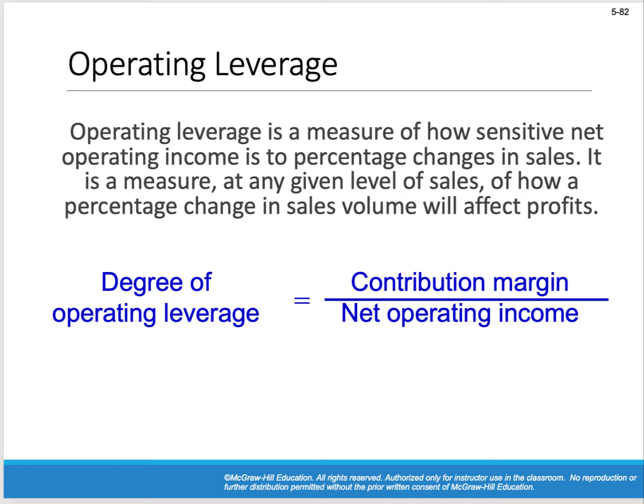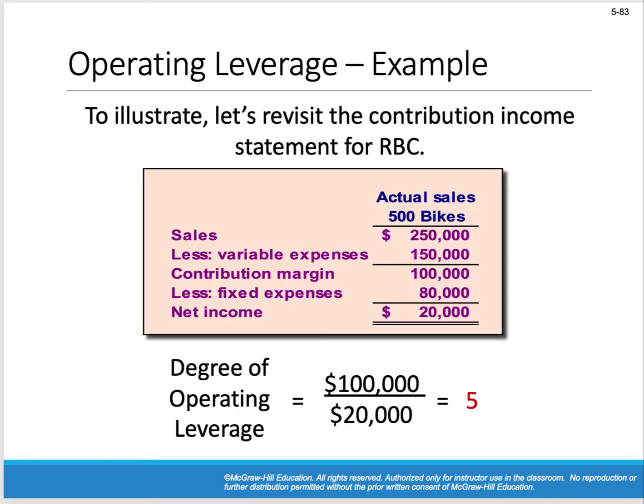Let's look at an example of how sensitive RBC's net income is by utilizing this degree of operating leverage. The first thing we have here is obviously a contribution formatted income statement. And we can see, just based on this, that RBC's degree of operating leverage is 5.